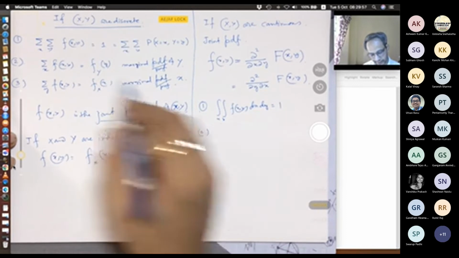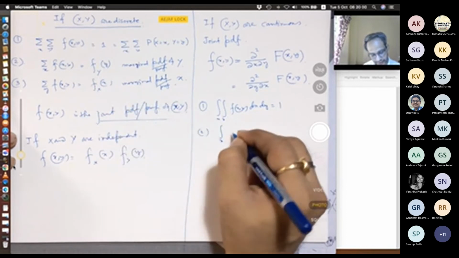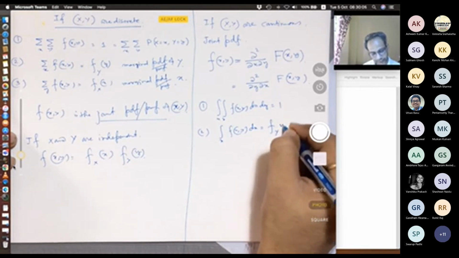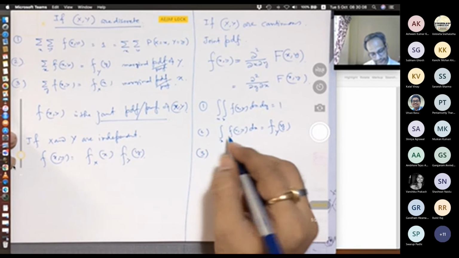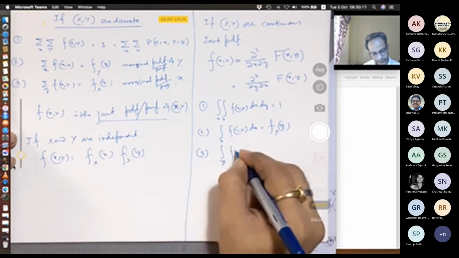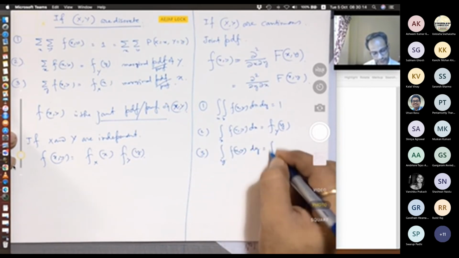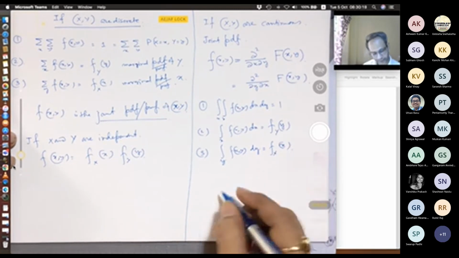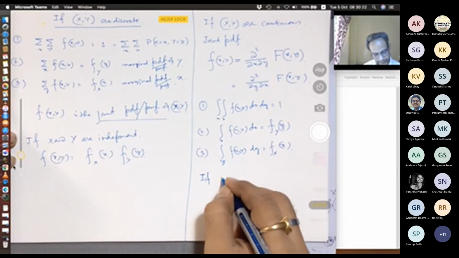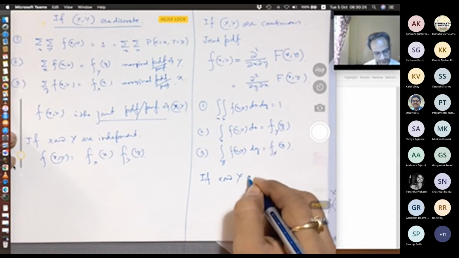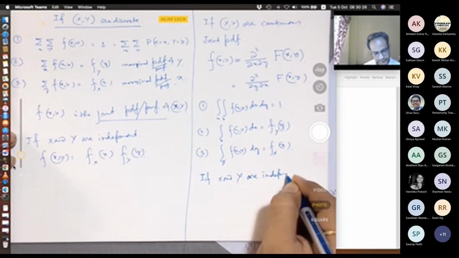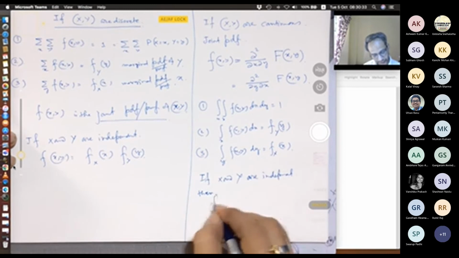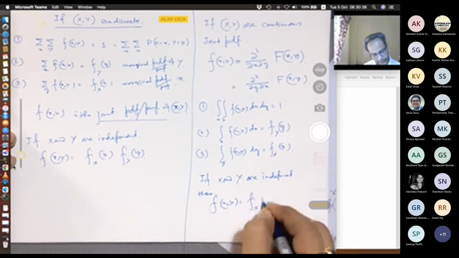Second thing, the marginal: if you integrate over x, f_xy dx equals f_y of y. Third thing, integration over y, f_xy dy equals f_x of x. And as a consequence, again, if x and y are independent, then f_xy equals f_x of x into f_y of y.